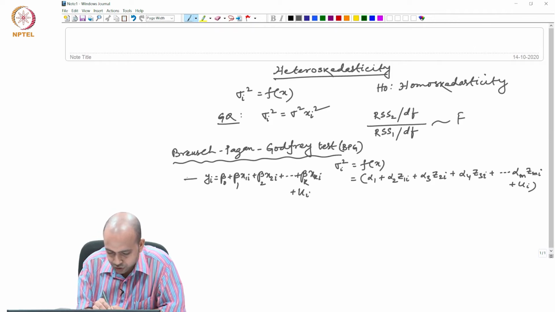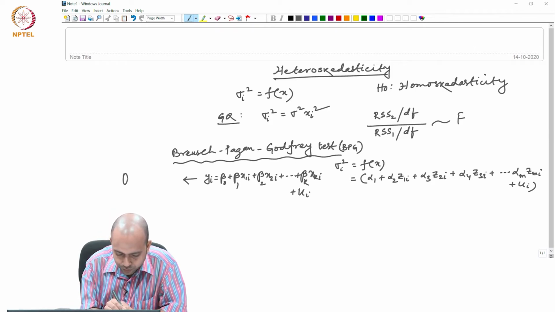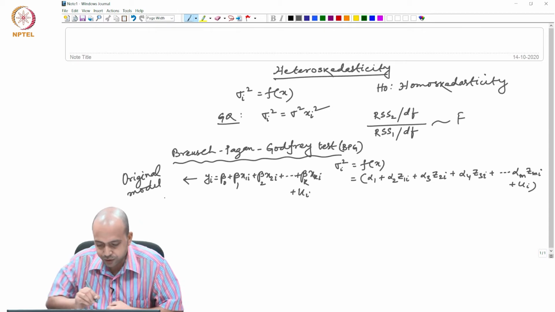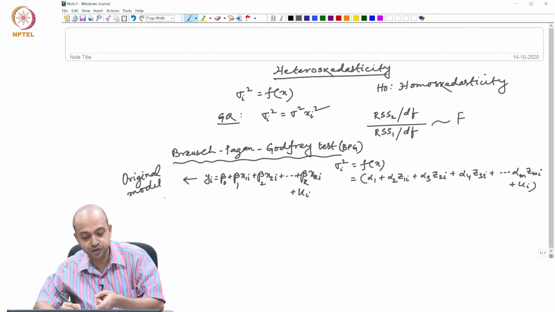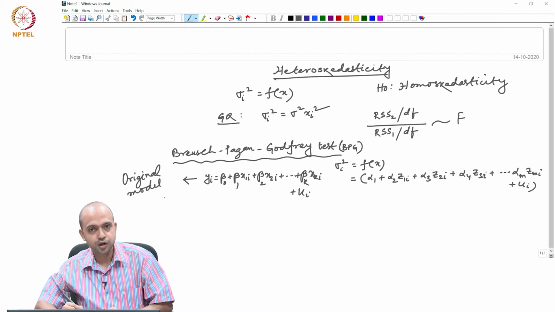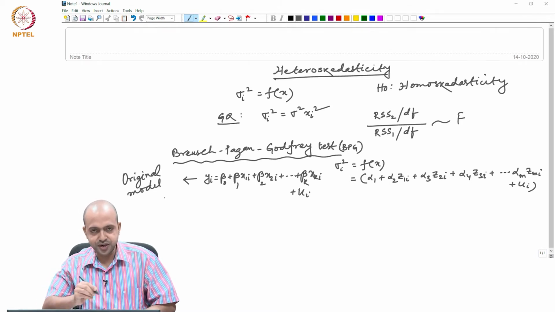This is your original model of interest. So we are interested to see whether heteroskedasticity exists in this original model, in this data set, right.